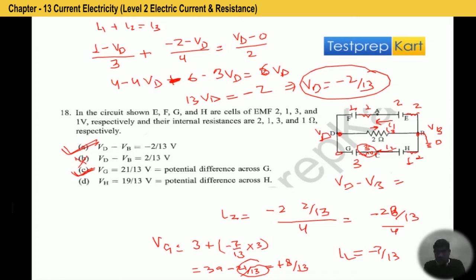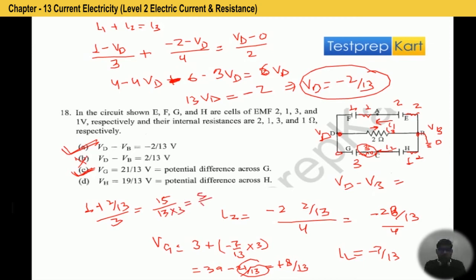Now next is the potential difference across cell H. VH we have to calculate. So I1 is 1 minus VD by 3. So this is 1 minus minus 2 by 13, by 3. So this is 15 by 13 into 3.